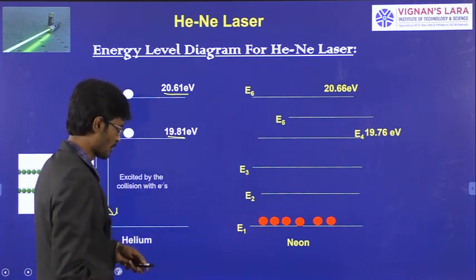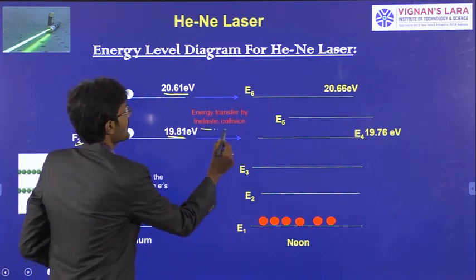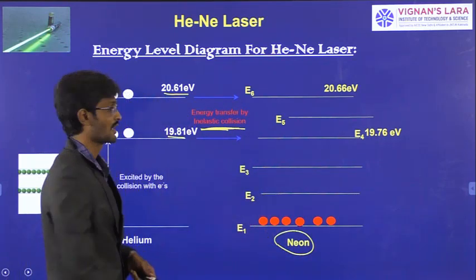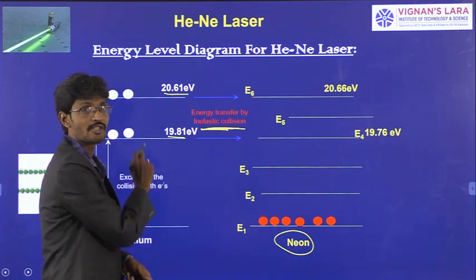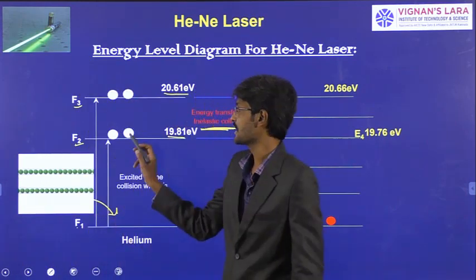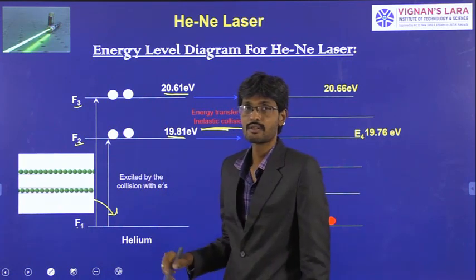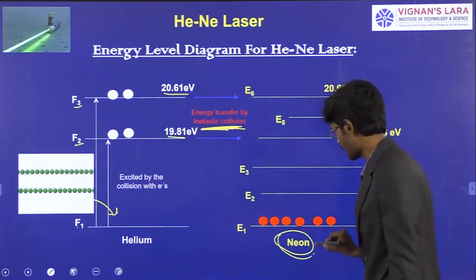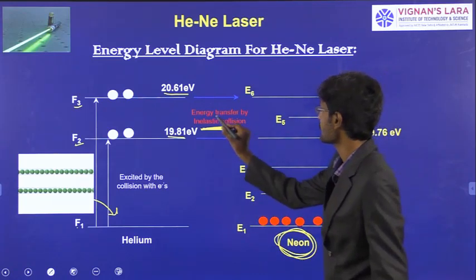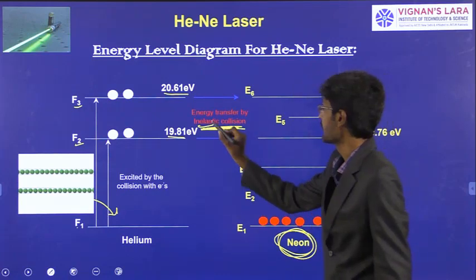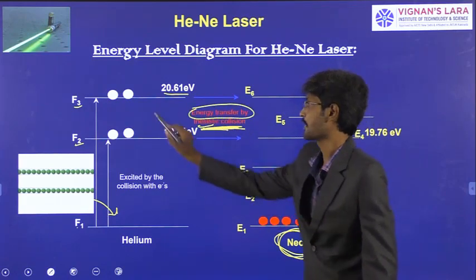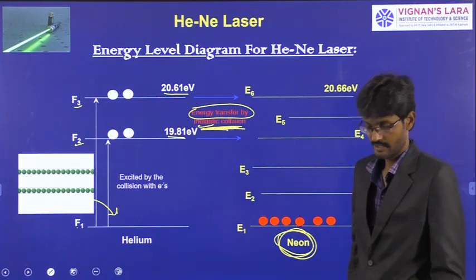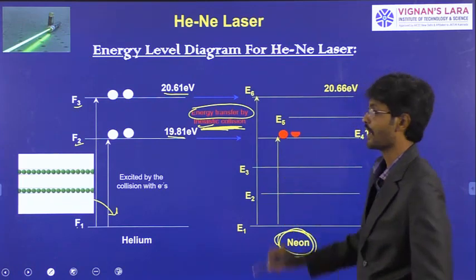While moving in the discharge tube, these high energy helium ions, which are in F2 and F3, get an inelastic collision with the neon ions. As this collision is inelastic in nature, energy is transferred from helium ions to neon ions. As a result, these neon ions will go to excited state.